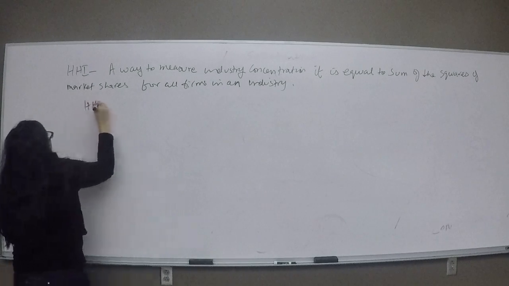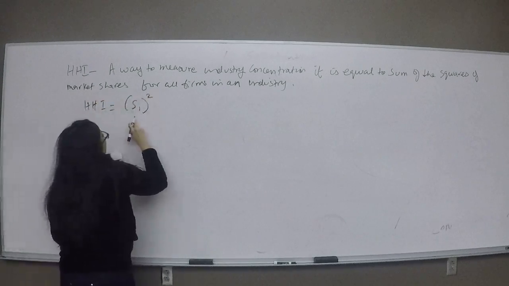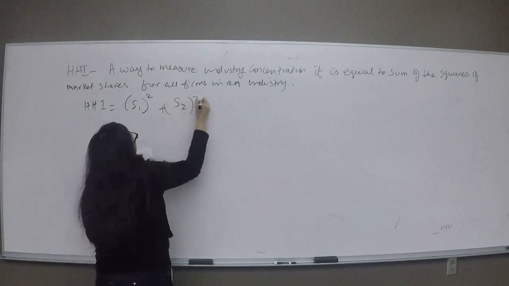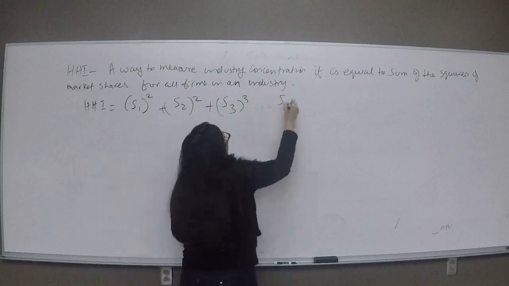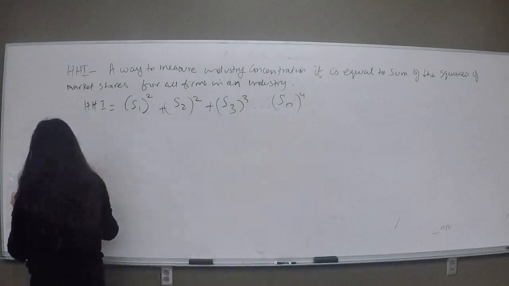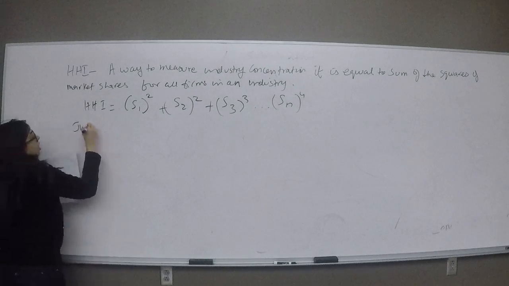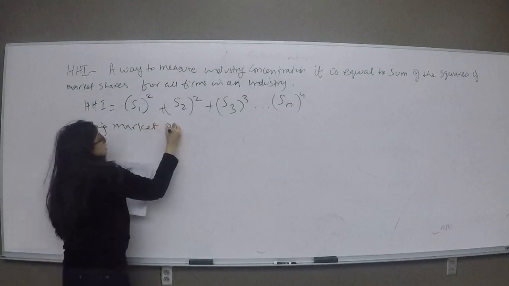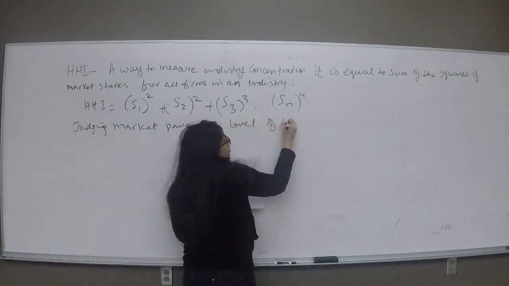So HHI is equal to the share of the first firm squared, plus the share of the second firm squared, plus the share of the third firm squared, up to the nth firm. So basically it's judging market power or the level of competition in an industry.